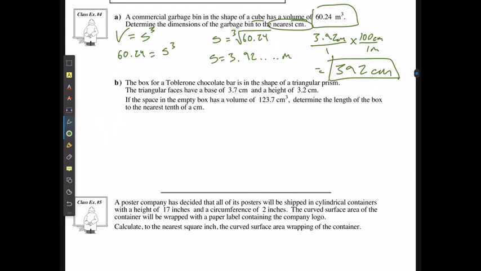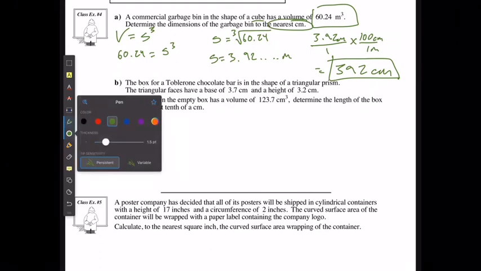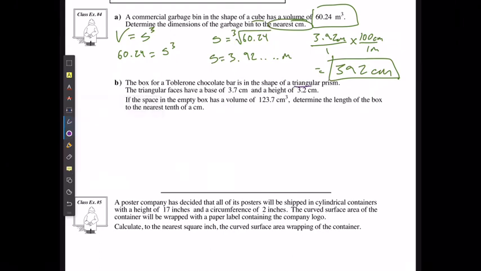The box for a Toblerone chocolate bar is in the shape of a triangular prism. The triangular faces have a base of 3.7 and a height of 3.2. If the space in the empty box has a volume of 123.7, determine the length of the box to the nearest tenth of a centimeter.